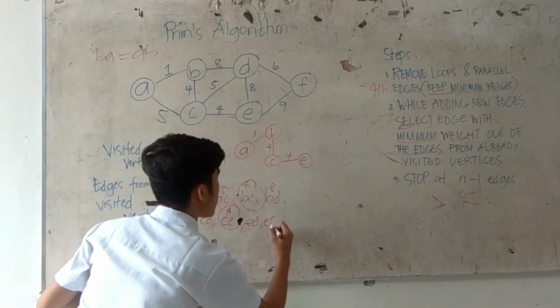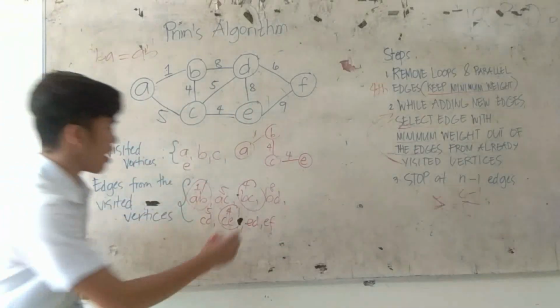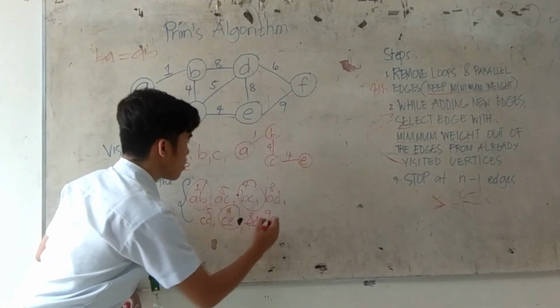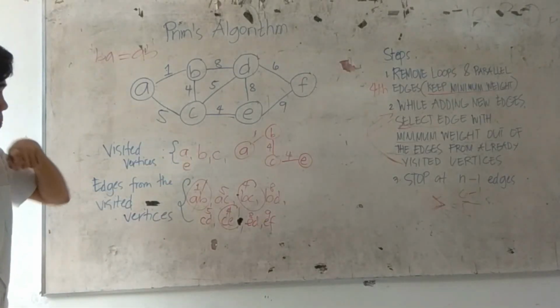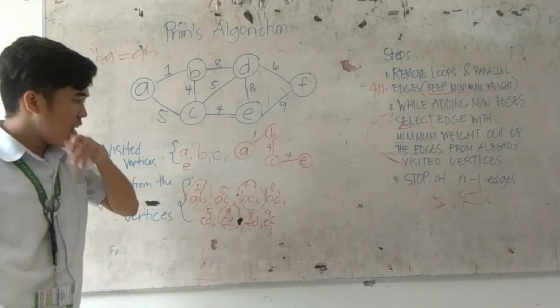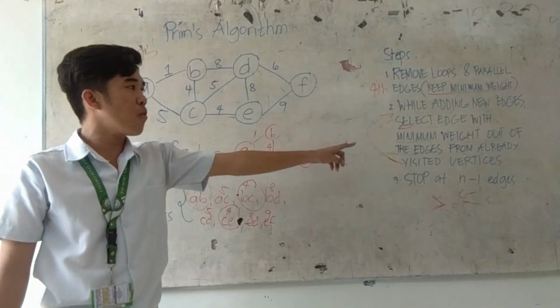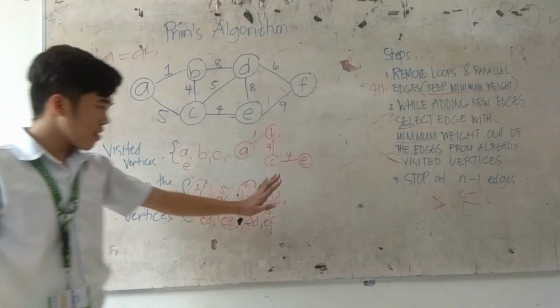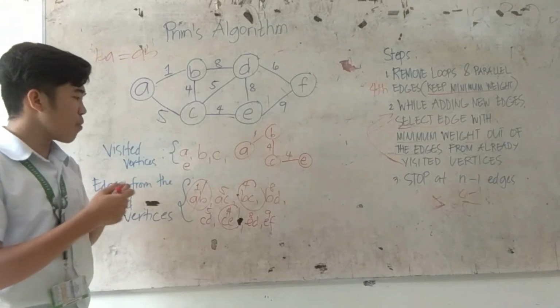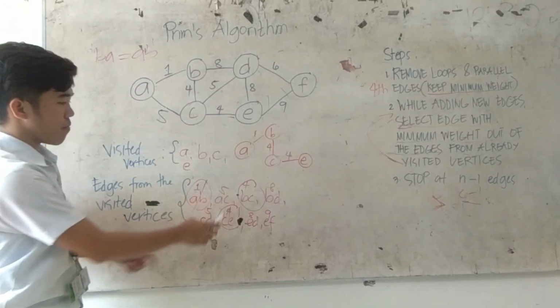And F. Its cost or weight is 8 and 9. Now, let's select the edges with the minimum weight out of these edges. So the edges that has a minimum weight is 5.